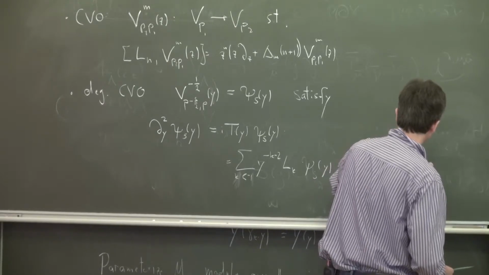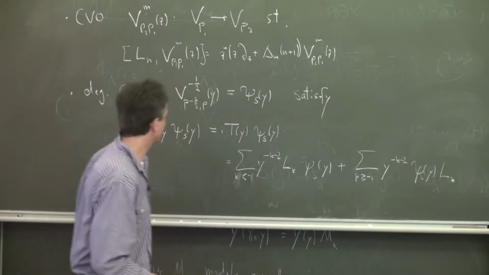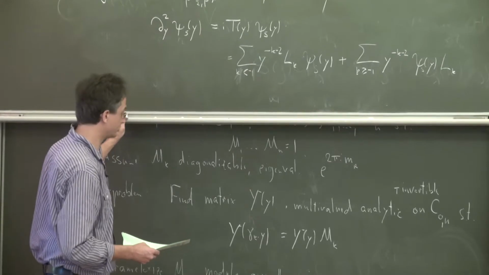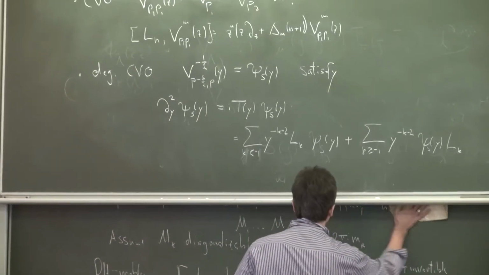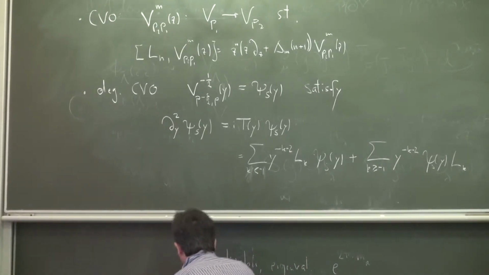We first have psi s of y and then the L k. So that is the precise definition of the normal ordering, and then it is a well-known result going back to Belavin, Polyakov, Zamolodchikov that this operator differential equation is satisfied for this chiral vertex operator.